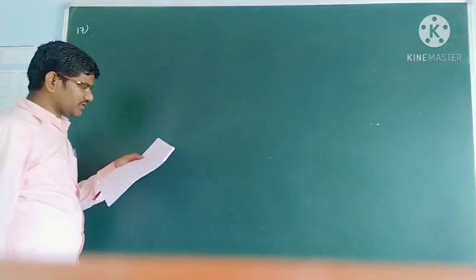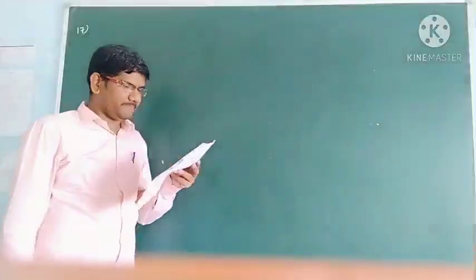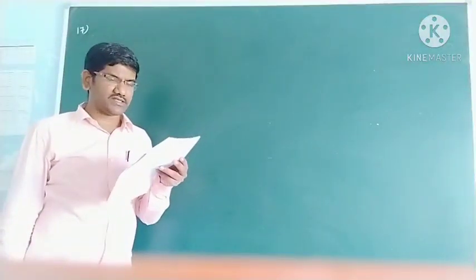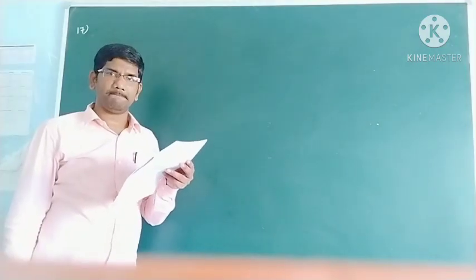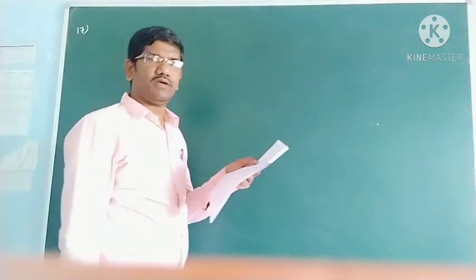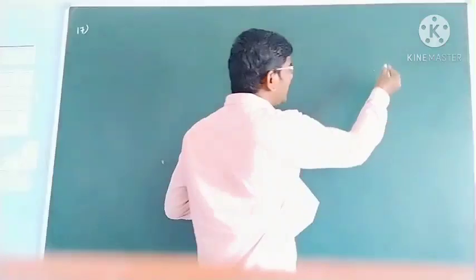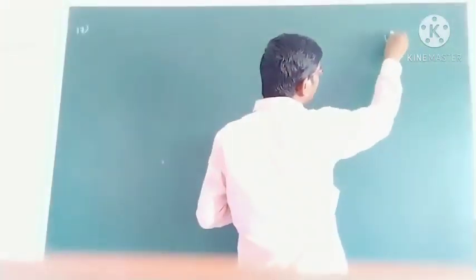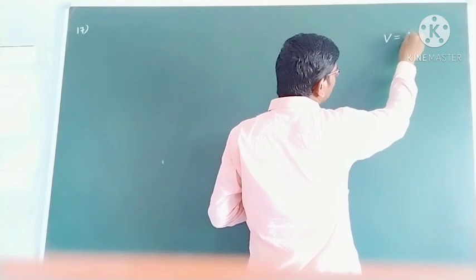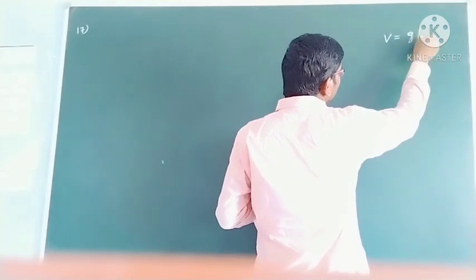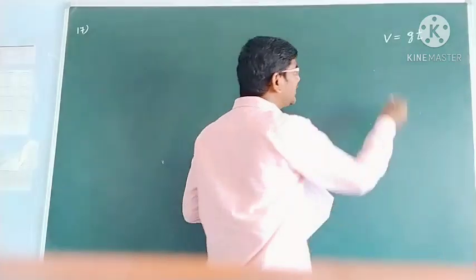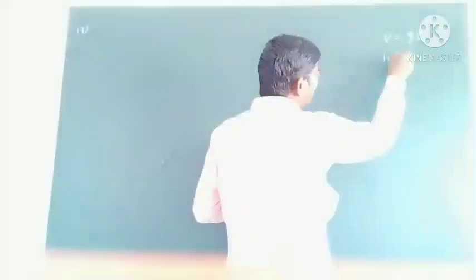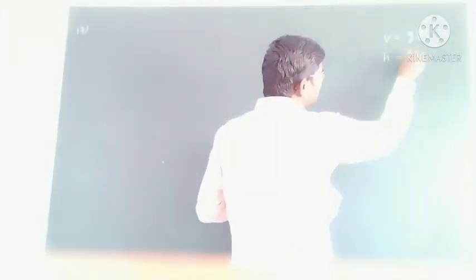Okay students, now we can discuss the 17th problem. So what is the 17th problem? See students, for a freely falling body, the velocity acquired is numerically equal to the displacement suffered. For a freely falling body, the velocity after t seconds, we know the formula v is equal to u plus at, that is u is 0, v is equal to gt, and displacement is equal to ut plus half at square.